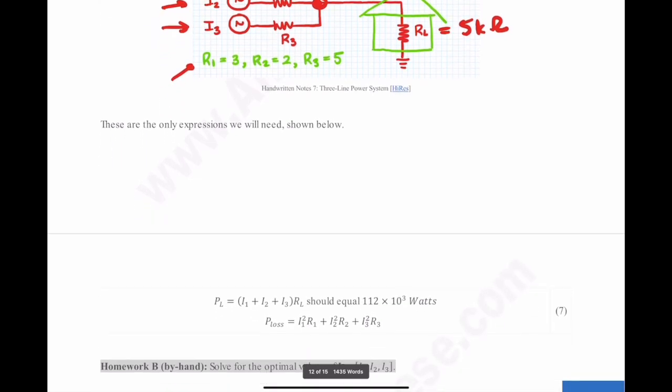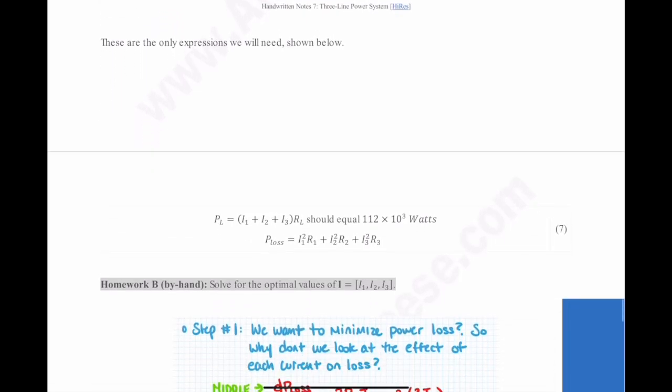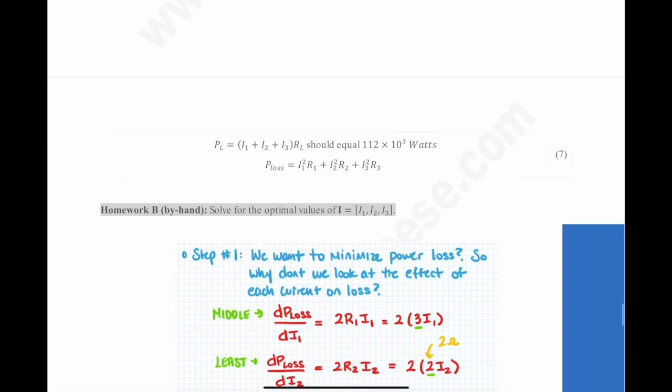There are only a couple of expressions that we need, and they're both shown below. We've already seen the lower one. The loss is equal to I1 squared R1 plus I2 squared R2 plus I3 squared R3. The total power being consumed is going to be I1 plus I2 plus I3 times RL.